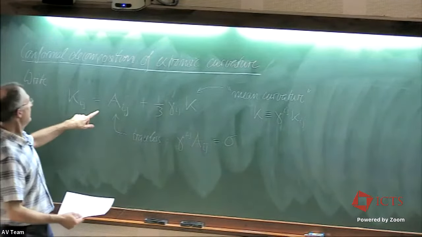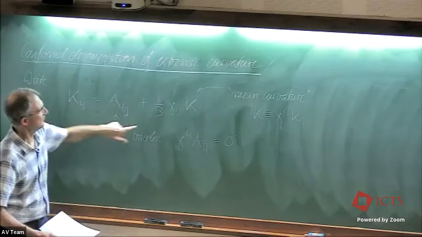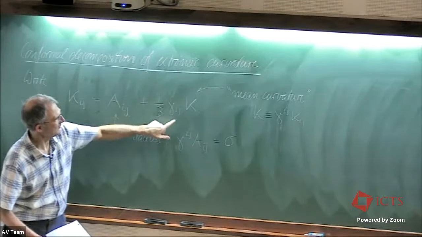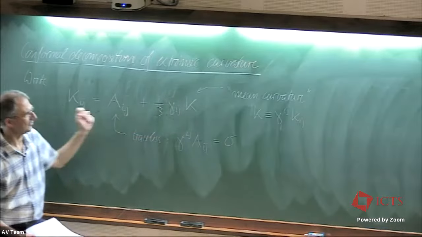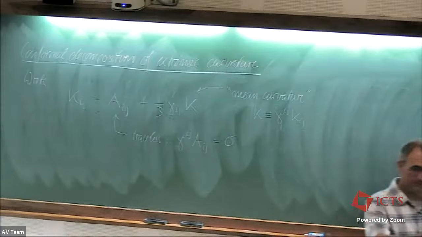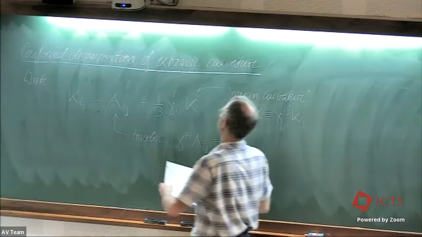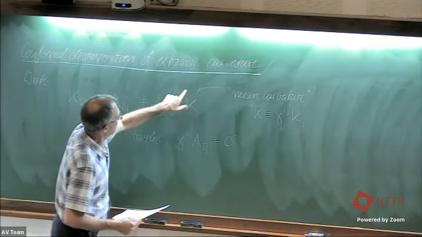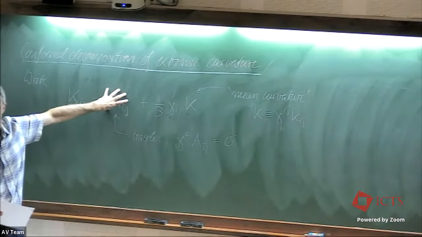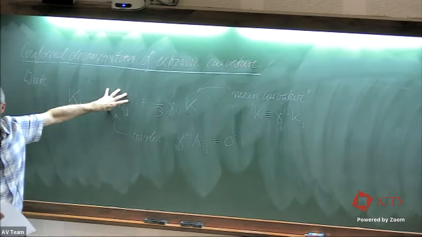And you can verify that basically, if I take the trace on this side, taking the trace of gamma_ij gives me a factor of 3, that cancels the 1/3, so that this is the correct trace and it all works out. So this is one way to split the extrinsic curvature into one part that is traceless and one part that's only the trace. Now we look at these individual parts, the mean curvature and the traceless part, and we can conformally transform them individually. Okay.